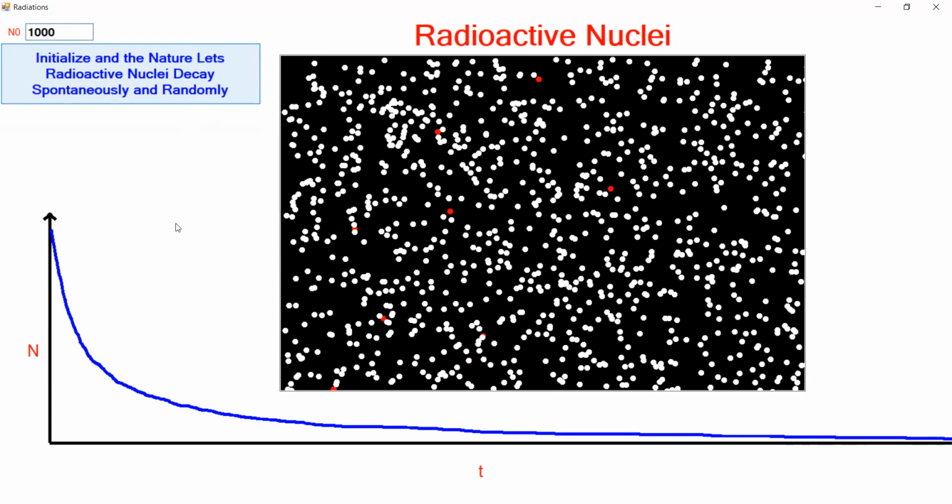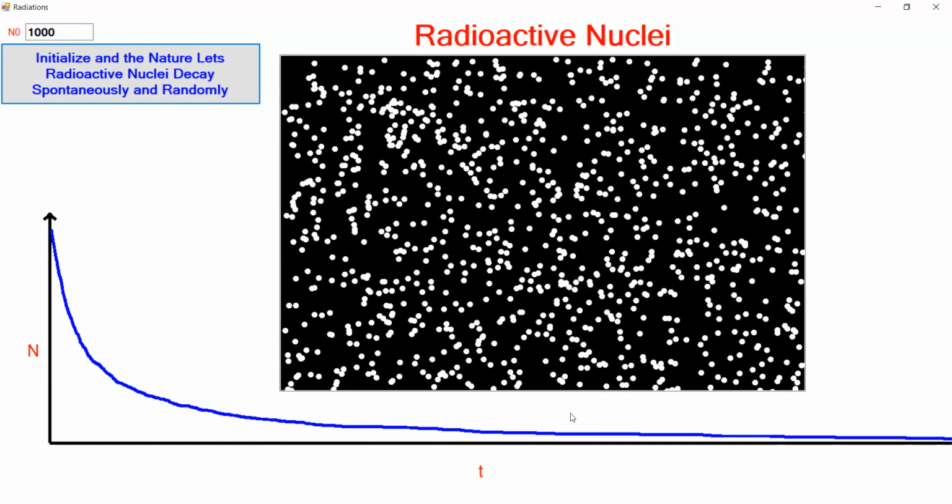From the graph, you can see that at the start, the nuclei are decaying at a faster rate, because at the start there is a larger number of undecayed nuclei. That's why the rate of decay at the start, the slope of the graph, is greater as compared to the slope or gradient of the graph at later times.